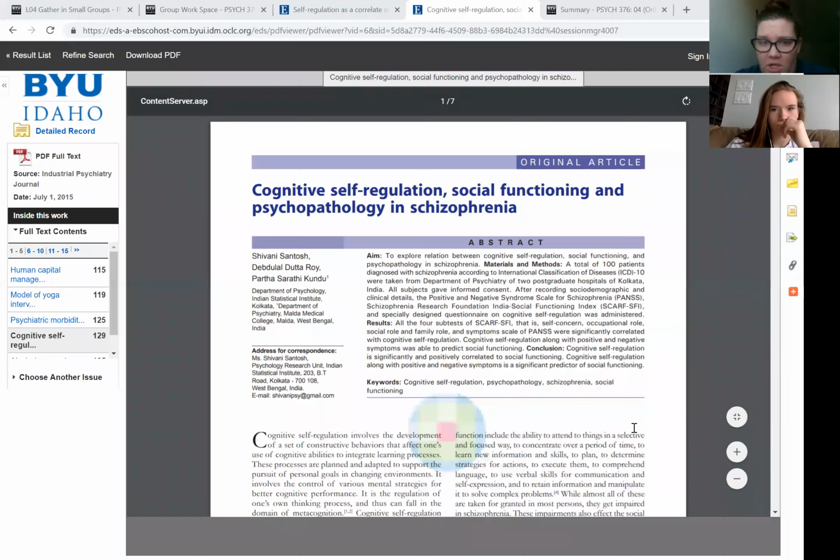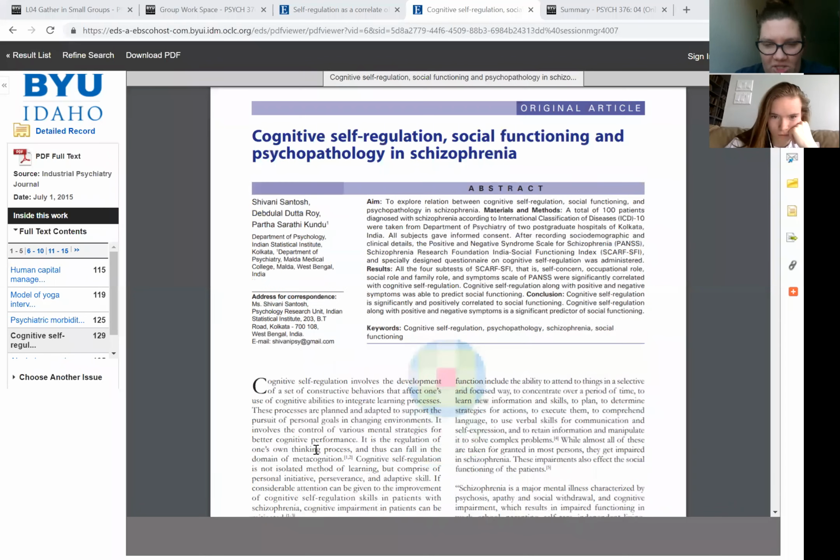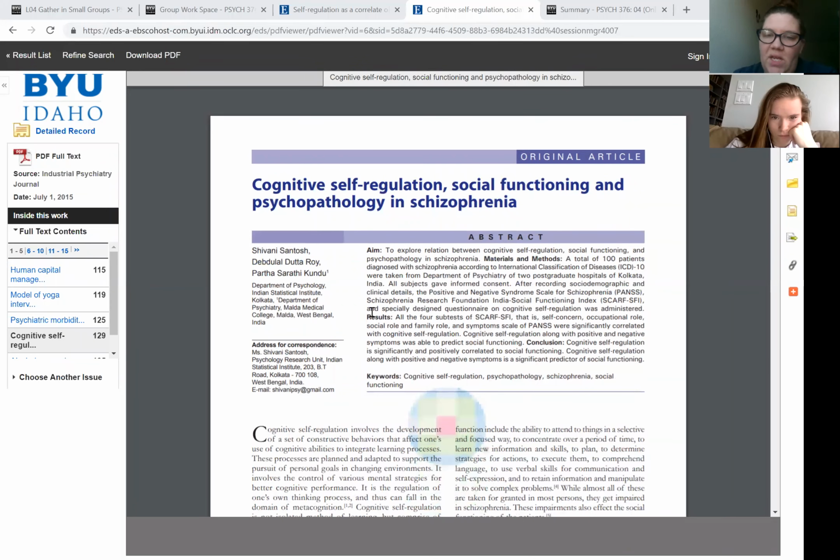I found this one that also talks about self-regulation, but in the psychopathology of people who have schizophrenia. Basically, according to the abstract and what I've read so far, they concluded that self-regulation is vital for social functioning, and so people who don't have it cannot function socially.